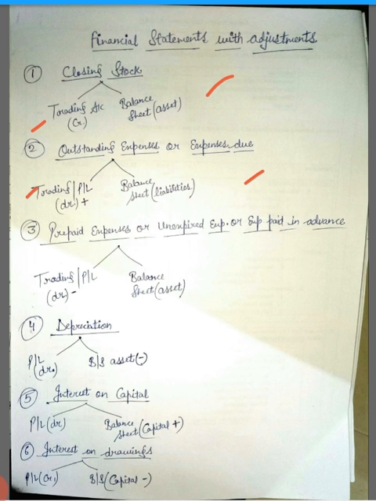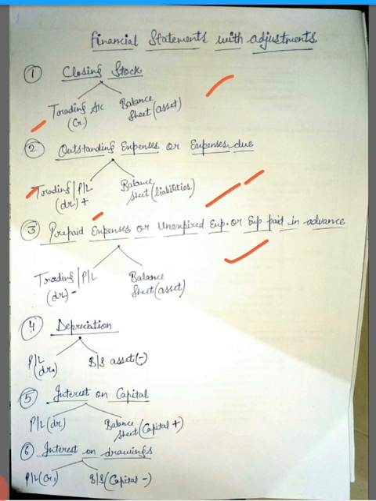Means we will add it either in the trading or profit and loss account to the concerned expense. And the second effect, balance sheet liability side. We will record these expenses on the liability side of the balance sheet as we have to pay in future. These are outstanding expenses.